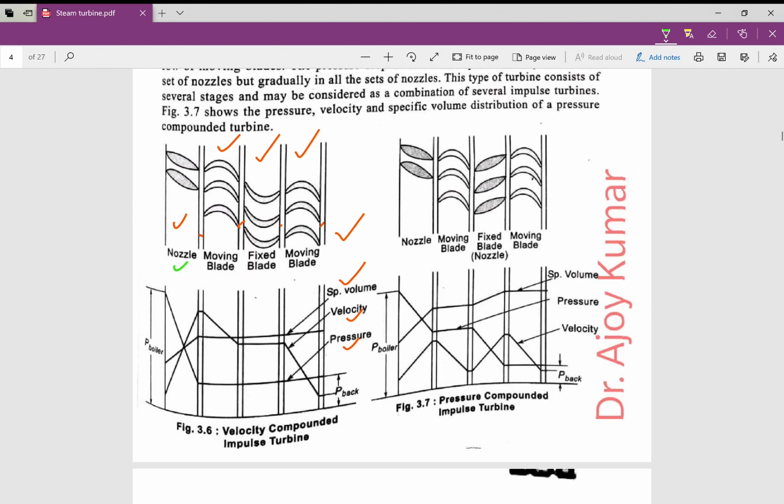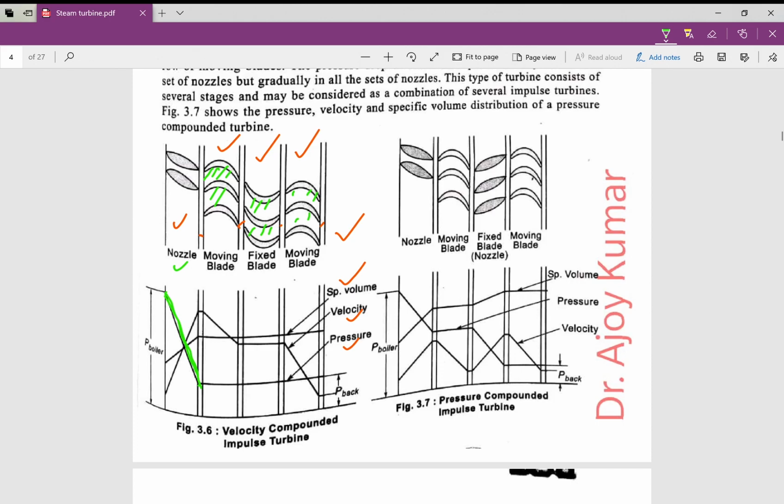This is for the nozzle. The function of nozzle we know already, to reduce pressure and increase velocity. So pressure reduces, and as we have already seen, there is a constant passage area between two consecutive blades, whether it is a fixed blade or moving blade.